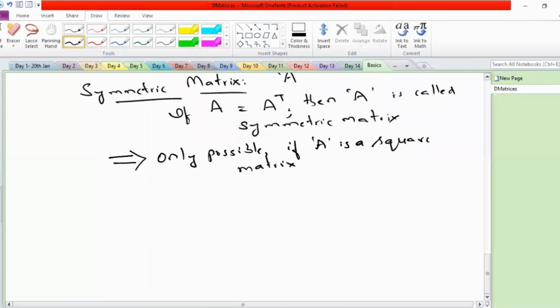So there are two conditions if you want a matrix A to be symmetric. One is it should be square, and it should satisfy A equals A transpose. Then only you call that a symmetric matrix.